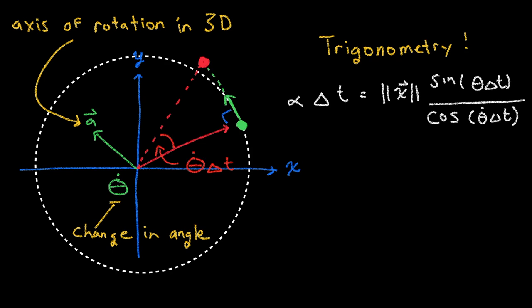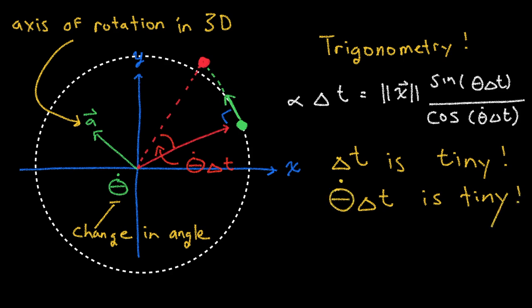And now to finish everything up, we're going to remind ourselves that delta t here is really, really tiny. So if delta t is really, really tiny, then theta dot delta t is also really, really tiny.